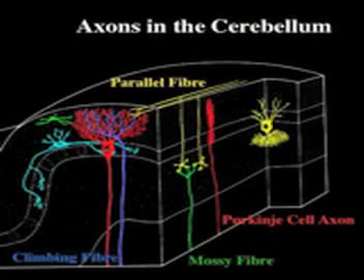If we look at those axons, we've got the Purkinje cell axons leaving the cerebellum and going to the deep cerebellar nuclei and then outwards. We've got mossy fibres and climbing fibres coming into the cerebellum, and those mossy fibres and climbing fibres synapse in different ways with the cells of the cerebellum.